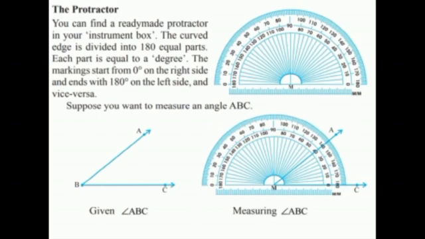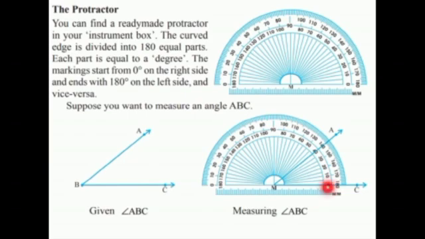Now adjust the protractor so that the line segment BC is along the straight edge of the protractor. There are two scales on the protractor. Read that scale which has 0 mark coinciding with the straight edge. Okay, here the inner reading coincides with the straight edge.